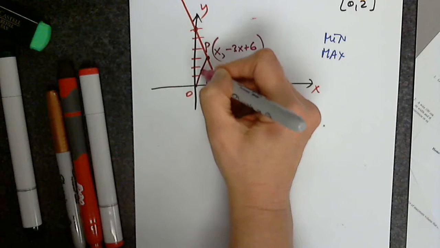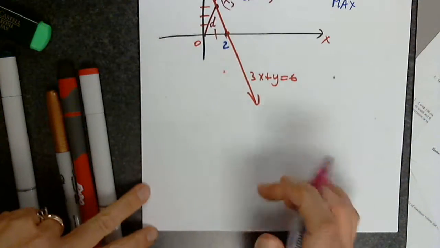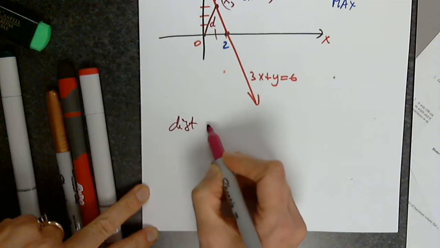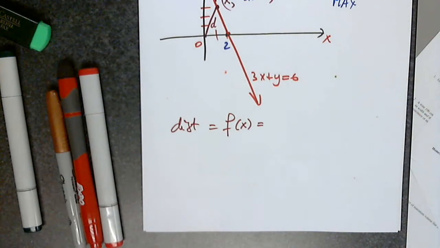So I have the point P, and I have the origin. This is the distance. I'm not going to call it D, I'm going to call it F. So distance equals F of x. Now I have 2 points. Anyone remembers how to determine the distance between 2 points?